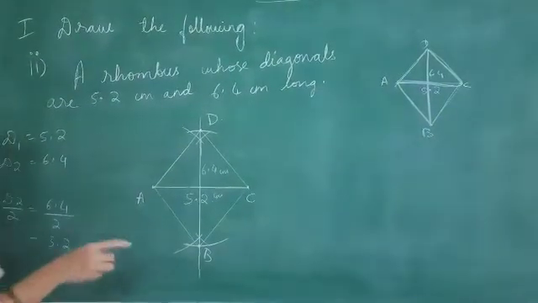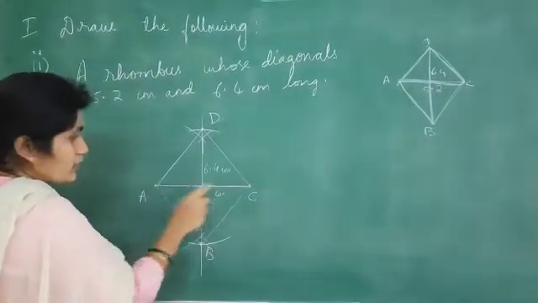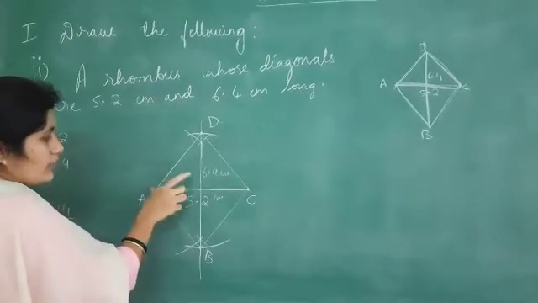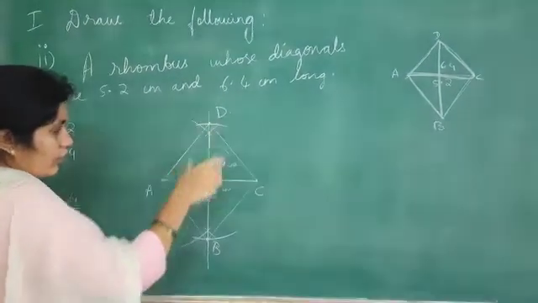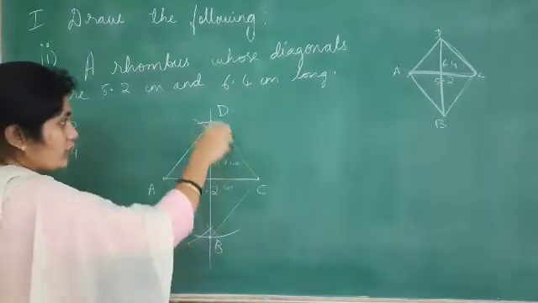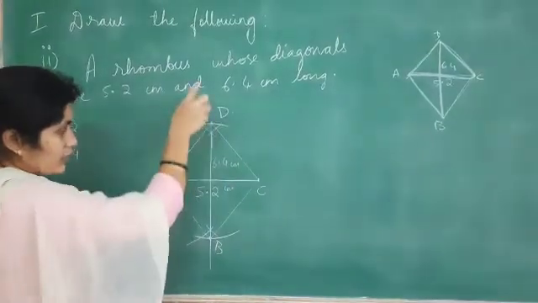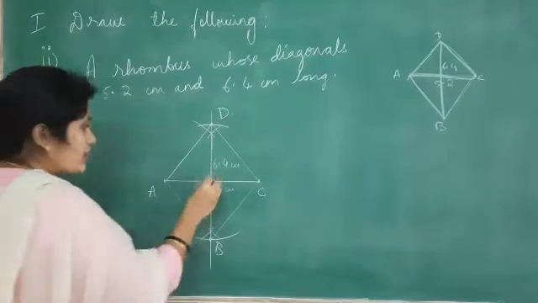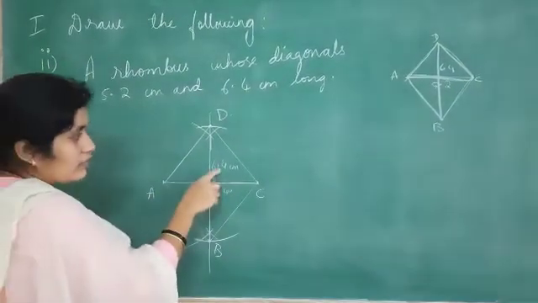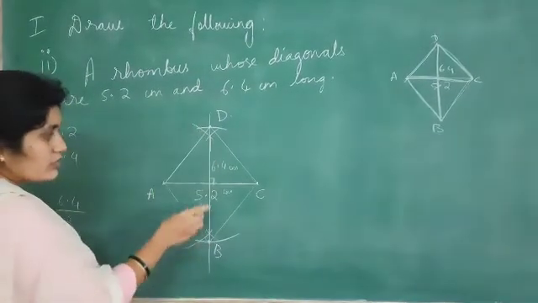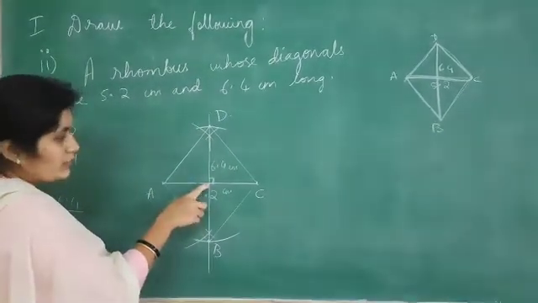Once again I will repeat it. 5.2 is the base. You draw a line segment. Now keeping A as center, more than half of the length AC, you take, draw one arc up and down. From C also draw one arc up and down. The point of intersection will be your perpendicular line, which is 90 degrees, and also the diagonal. Now the exact measurement of the diagonal is 6.4, so we should draw from the middle of the base.